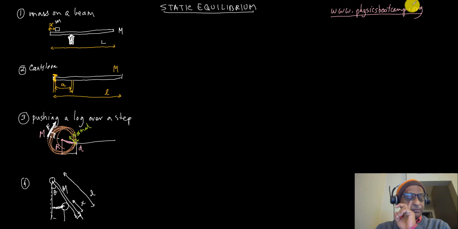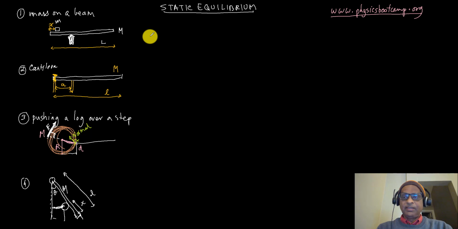Static equilibrium is when every particle in the body has zero acceleration. So the body is neither accelerating, nor deforming in shape, nor changing orientation in terms of angular acceleration in rotation.